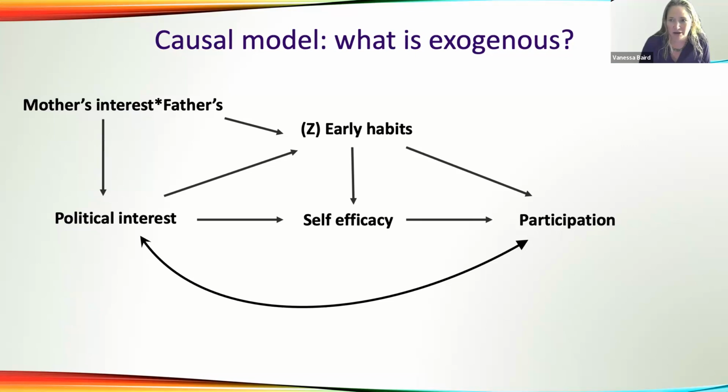So if you're not controlling for what people did when they were 18, 19, 20, 21, earlier ages than most of you are likely, then you're going to overestimate the impact of political interest on participation, which turns out not to even work that way.